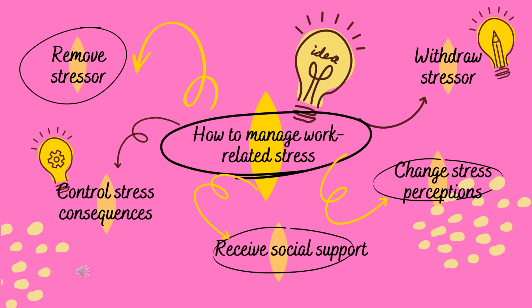In this slide, I am going to talk about how to manage work-related stress. Many people deny the existence of their stress until it has become more serious. This avoidance strategy creates a vicious cycle because the failure to cope with stress becomes another stressor on top of the one that created the stress in the first place.